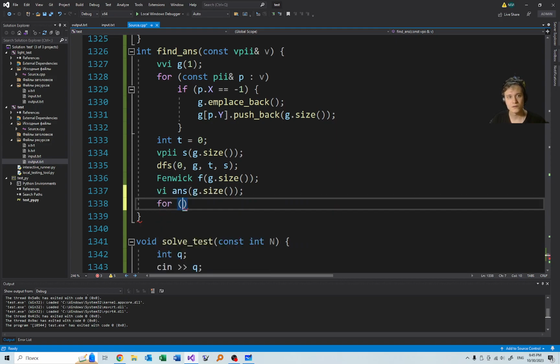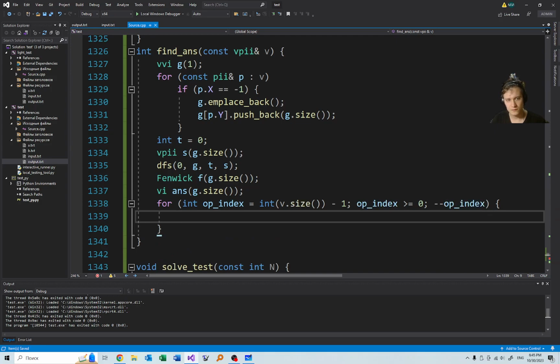Let's go. So for int op index equals v.size minus 1, op index is at least 0, minus minus op index, we look at this operation.